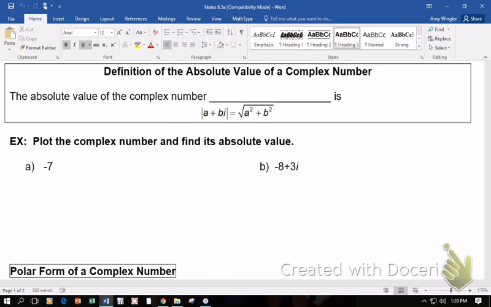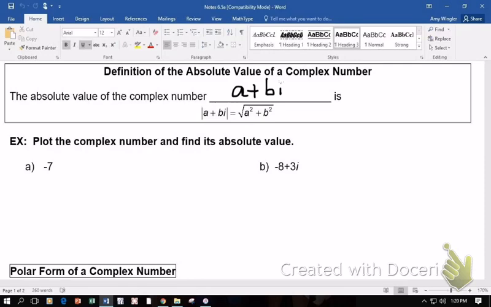The definition of the absolute value of a complex number a plus bi is the absolute value of a plus bi equals the square root of a squared plus b squared. A is the real part of the complex number, and the bi is the imaginary part.